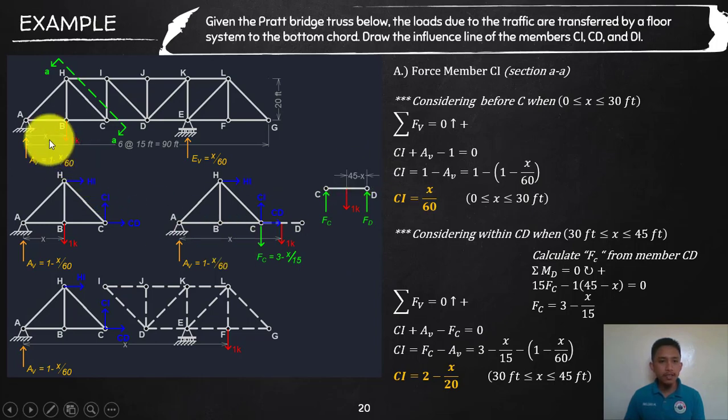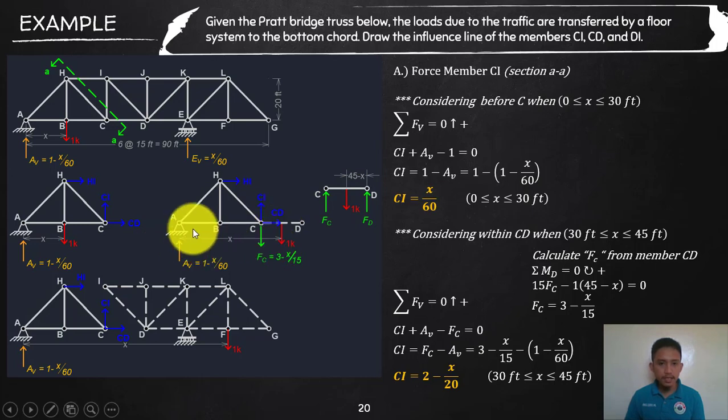We know that the distance X is from A, and that is within your member CD. So 1, 2, 3, that is a total of 45, and then subtract the X distance from A, that is the moment arm. Moment arm of this, since again that is already within your CD.